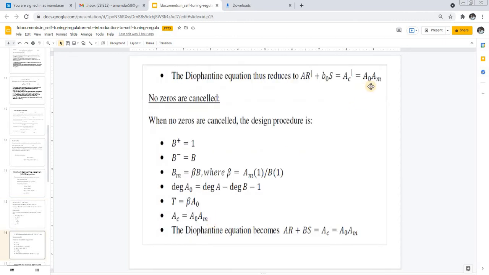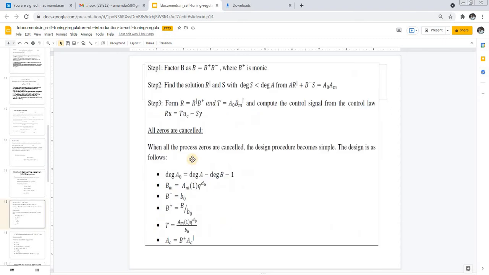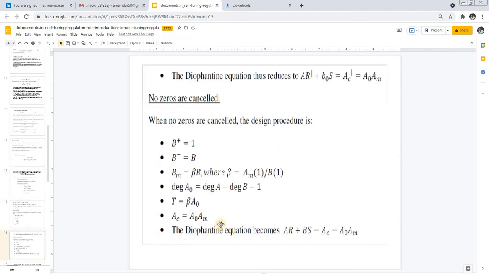Then the Diophantine equation in step number 2 becomes AR plus BS equals AC equals A naught and Am. This is how the minimum degree pole placement method, or algorithm, is done. This was the basic derivation and the algorithm for this technique.